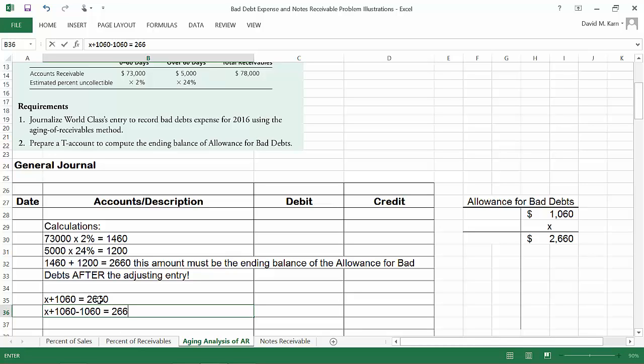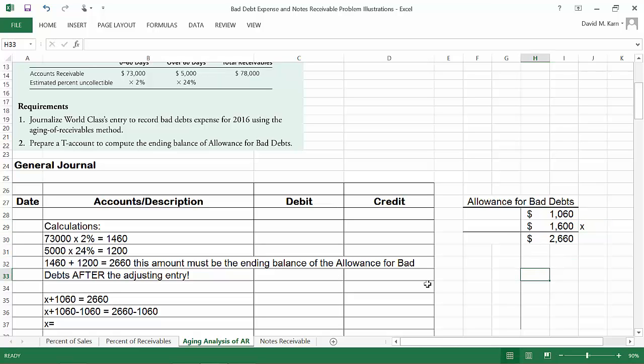So we take the 2,660 minus the 1,060, and you can see that we get an even $1,600.